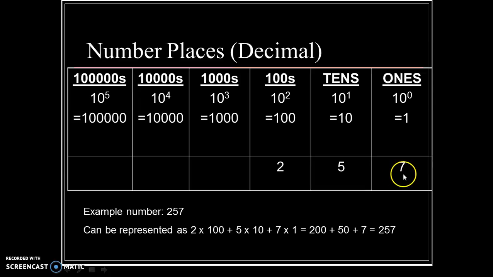We can say it's 7 times 10 to the 0, 5 times 10 to the 1, plus 2 times 10 to the 2. And then we can just simply do the mathematics. 200 plus 50 plus 7 gives us our number 257.